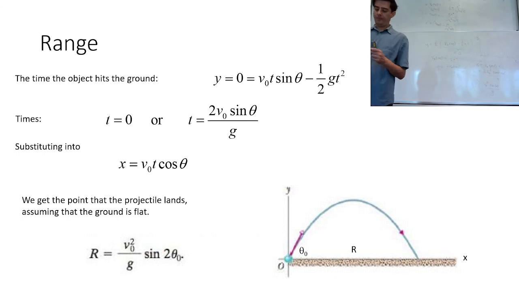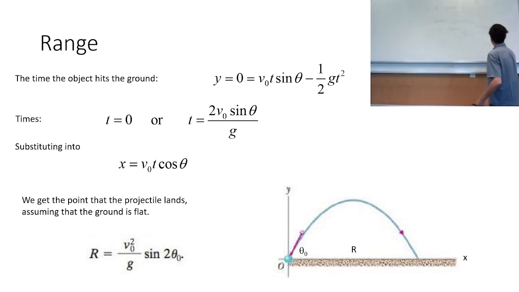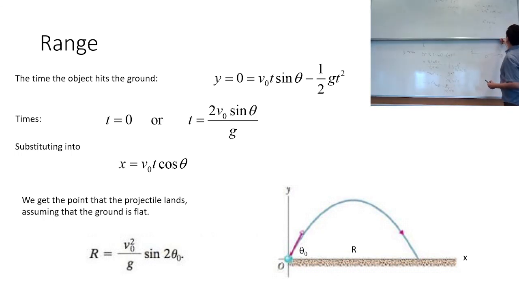Yeah. The x equals v0 cos theta t is the point on the projectile path at a specific time. Yeah, it's the x position at a particular time, on the path of the projectile. Well, if you view this thing flying through the air, that's a graph with time, right?